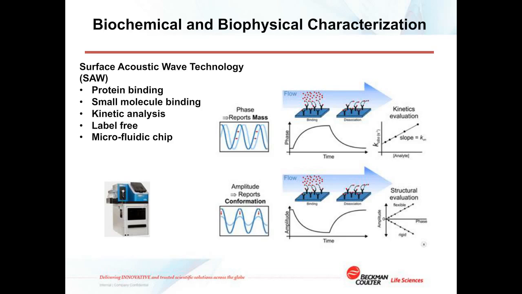However, with the surface acoustic wave technology, using both the phase of the acoustic wave on the surface as well as the amplitude, one can examine not only changes in binding, but also changes in the conformation of the protein on the cell surface. And again, you can perform kinetic analysis, and you can perform this in a label-free manner.